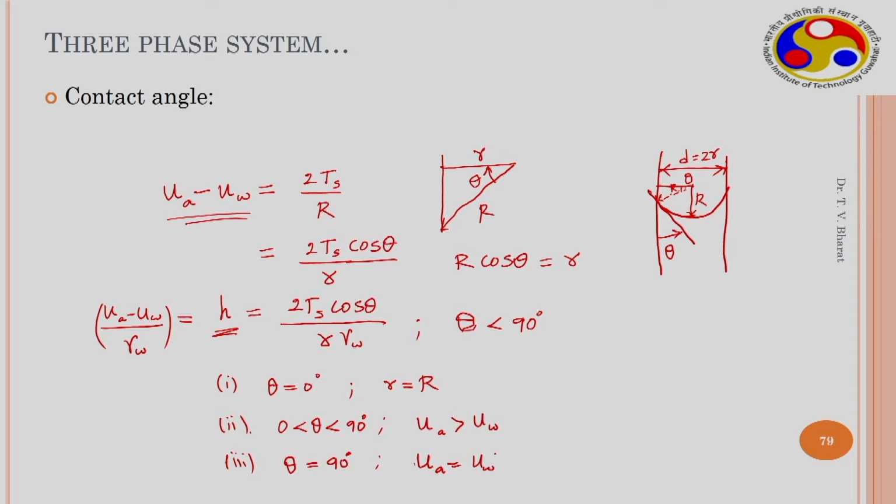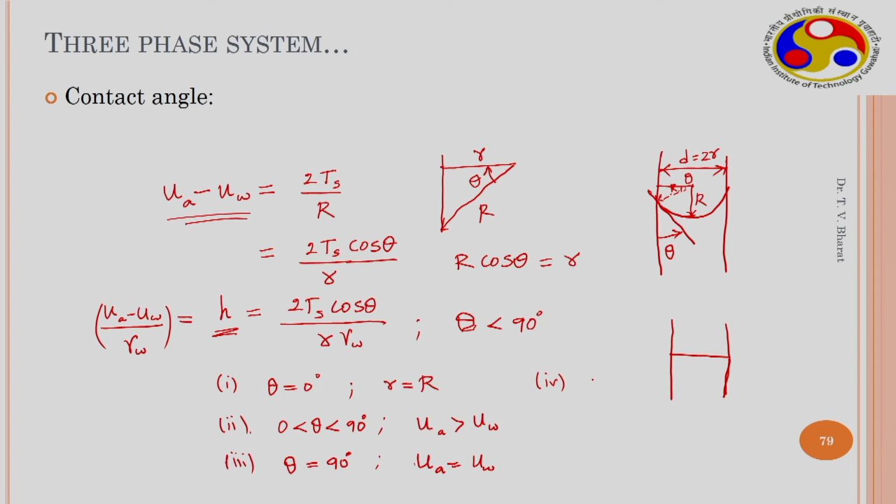So you have a perfectly flat surface, like this. When you have a very large capillary, then you will have UA equal to UW, because cos theta is 0. So UA minus UW is equal to 0.